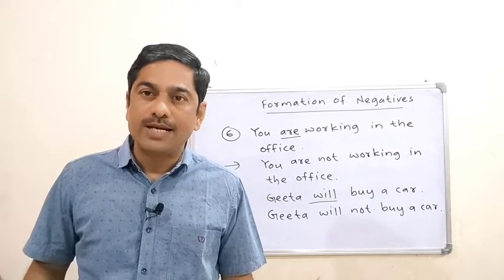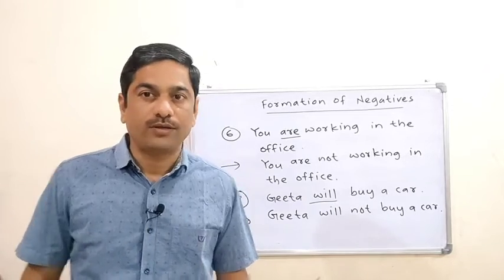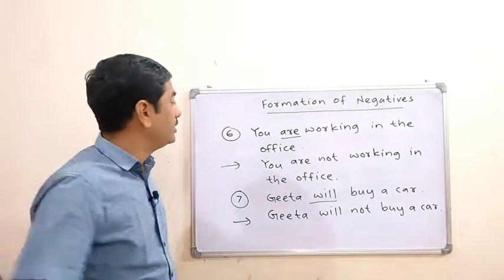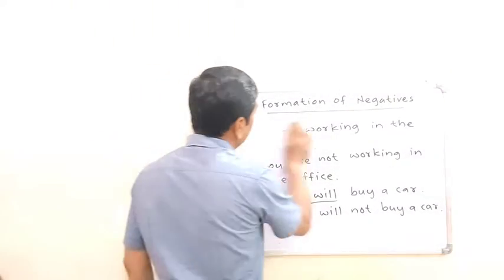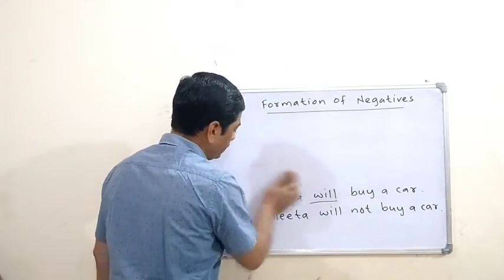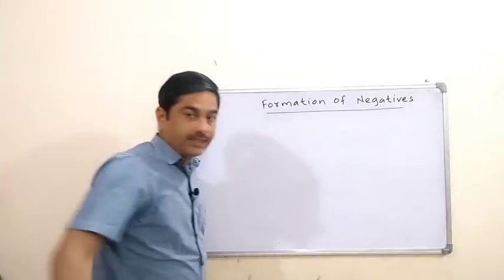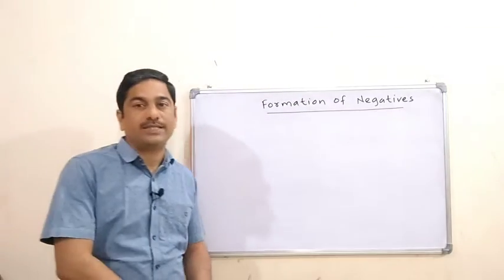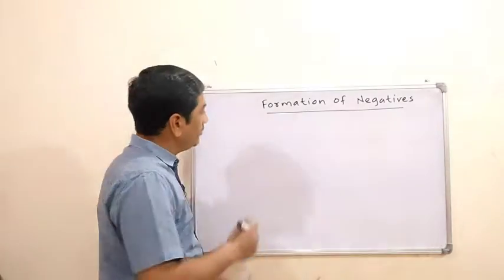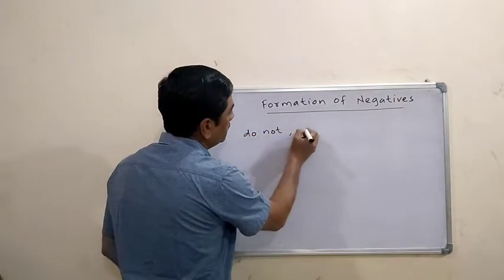Sometimes there are sentences in which an auxiliary verb is not there, and if you want to change these sentences into negative sentences, then you have to make use of do not or does not or did not. So if the sentence is of simple present tense, then you will make use of do not or does not.